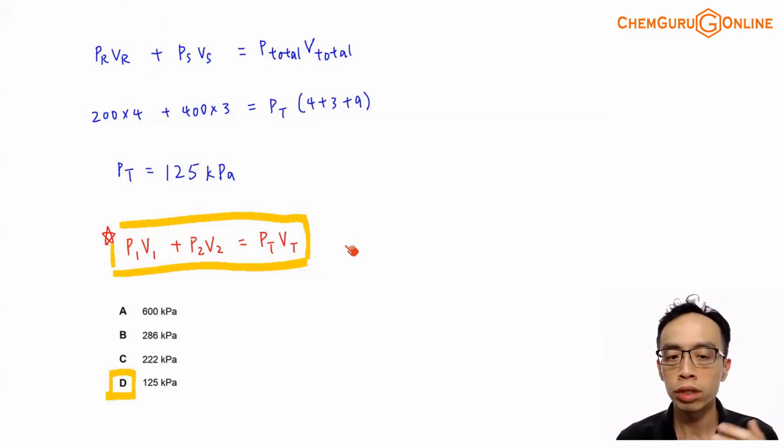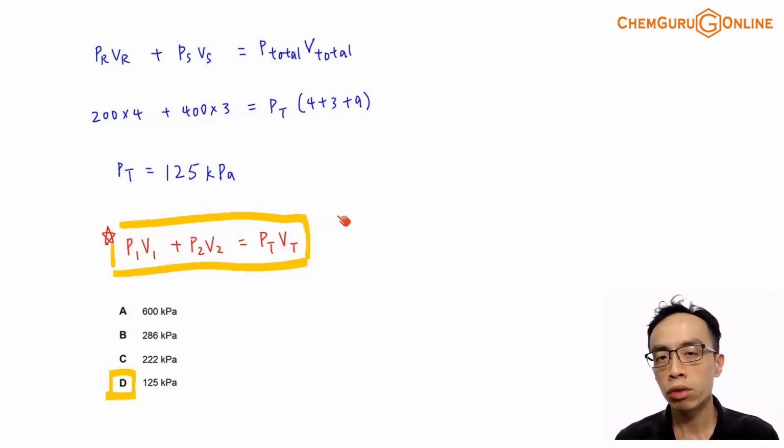We can just remember this formula: P1V1 plus P2V2 equals P total V total. P1V1 is the pressure and volume for gas 1, P2V2 is the pressure and volume for gas 2, and P total V total is the pressure and volume when the two gases are mixed. We can just memorize this expression to answer this question very quickly.